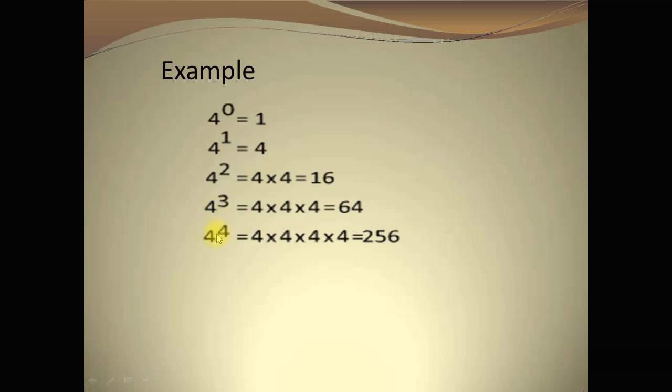Another exponential form is 4 power 4. 4 power 4 means 4 multiplied by 4 multiplied by 4 multiplied by 4, which is equal to 256. So 256 is the value of this exponential form, and in it the first 4 represents the base and the second 4 represents the power or exponent or index.